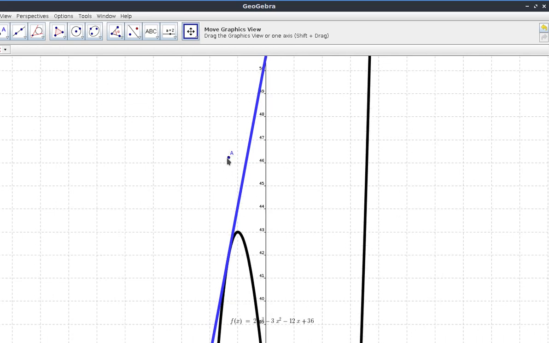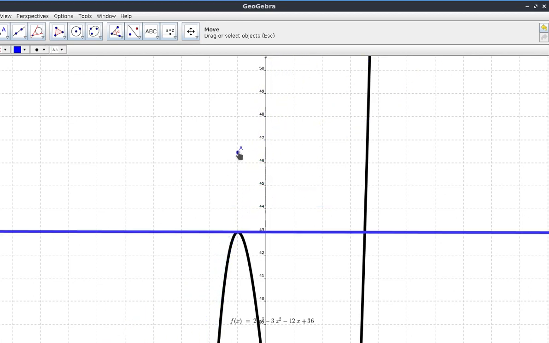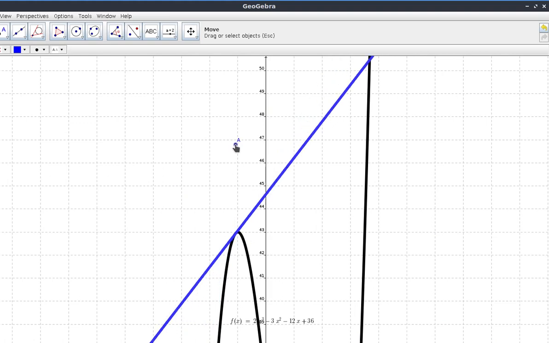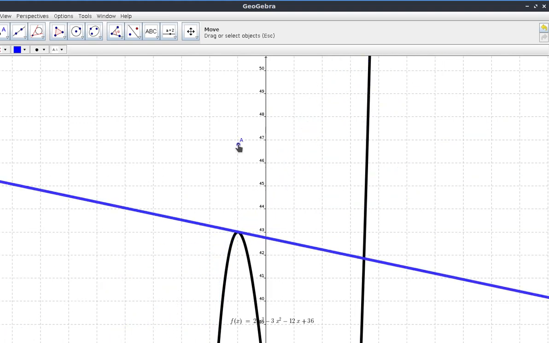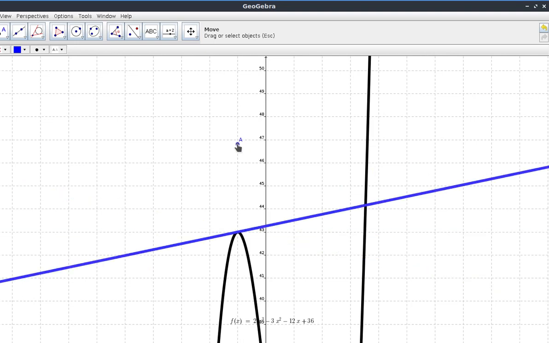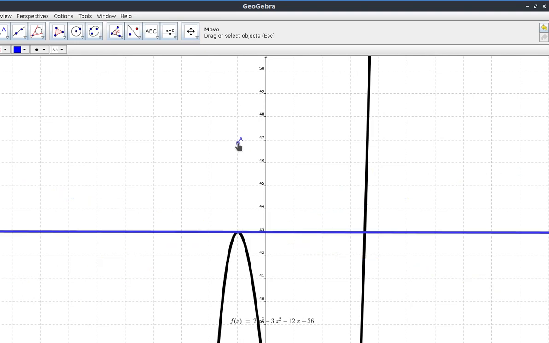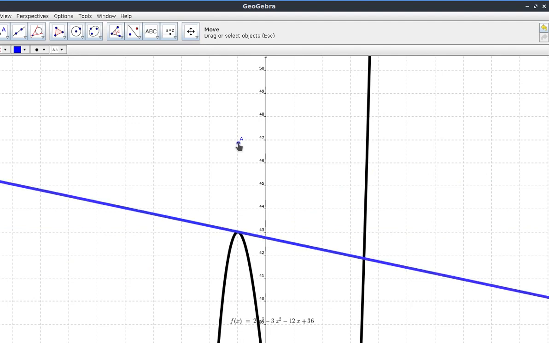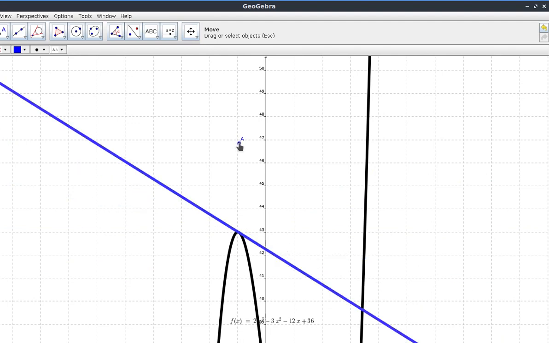And as I go towards the maximum point, right at the maximum point, it is horizontal. It's hard to get it horizontal here. But then, as I move to the right, it becomes negative, it swings downwards. So the second derivative had a negative value there.